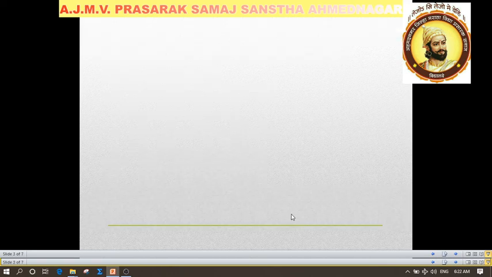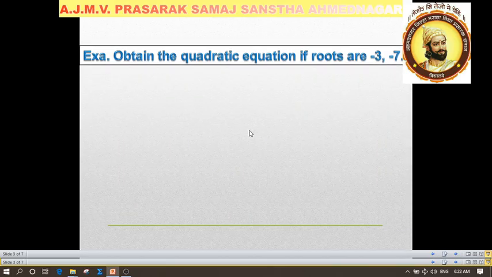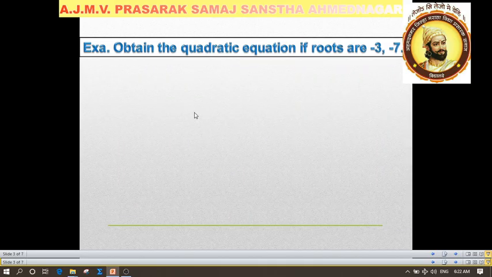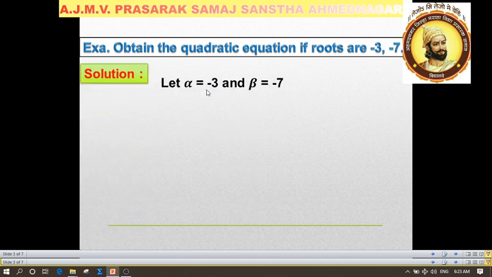Now let us study some examples. First example, obtain the quadratic equation if roots are minus 3 and minus 7. Solution. Now let alpha is equal to minus 3 and beta is equal to minus 7.